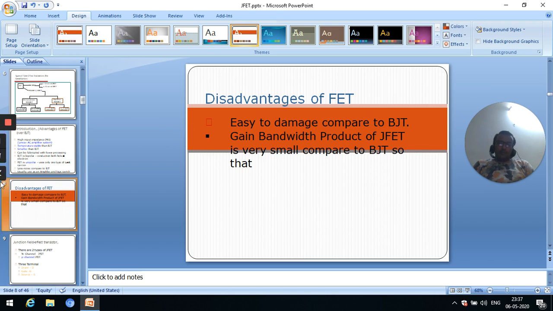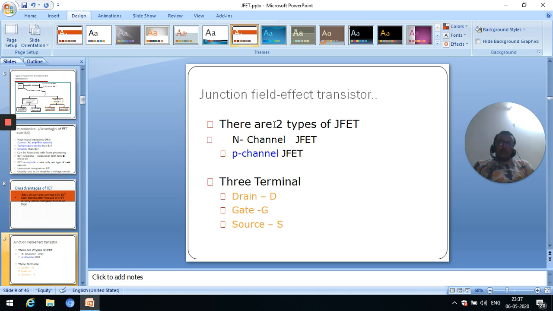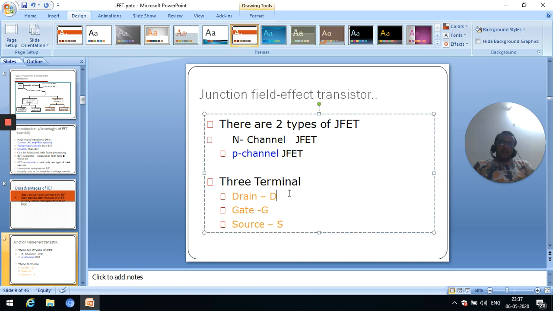Now, next point. Junction field effect transistor. There are two types of JFET: N channel JFET and P channel JFET. Drain means what? It is similar to collector in BJT. Gate means what?